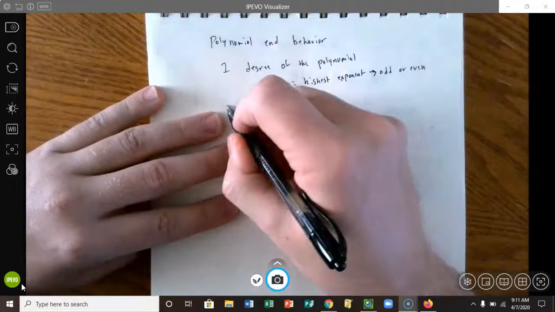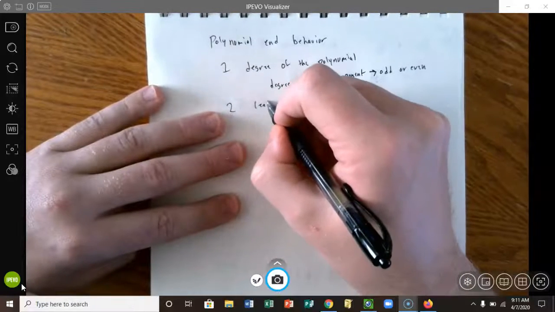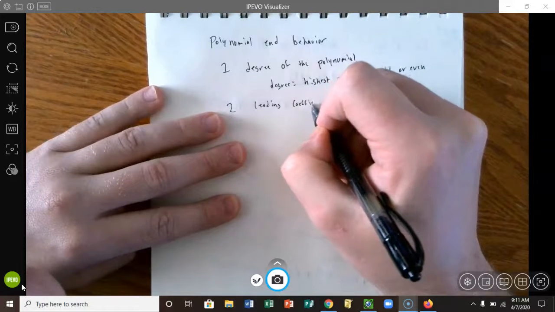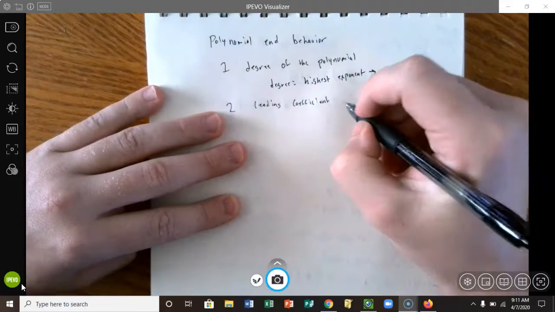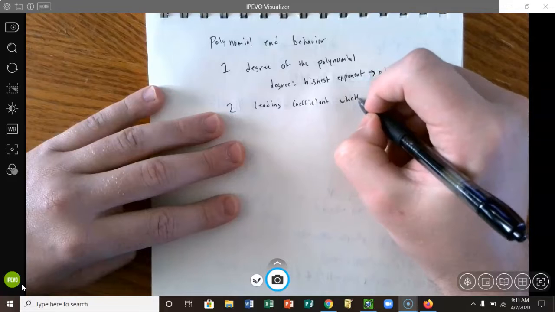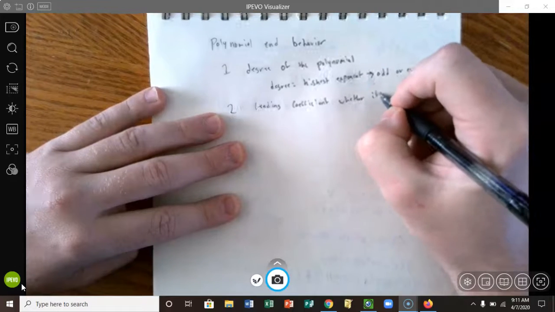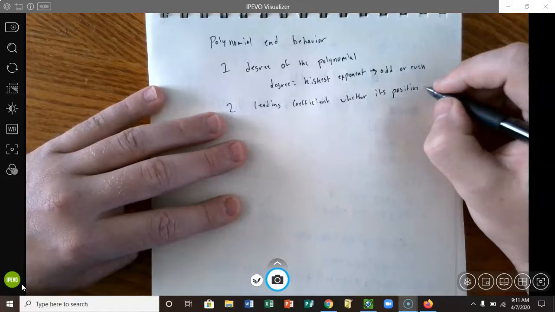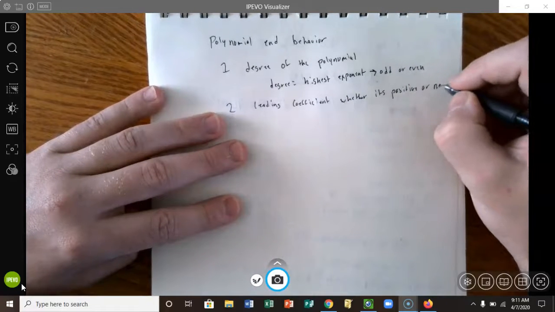The next thing it is based upon is the leading coefficient, whether it is positive or negative.